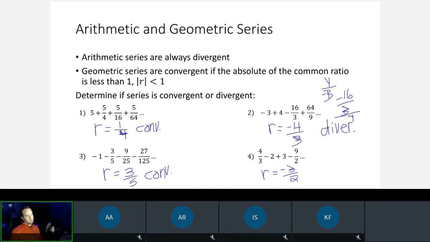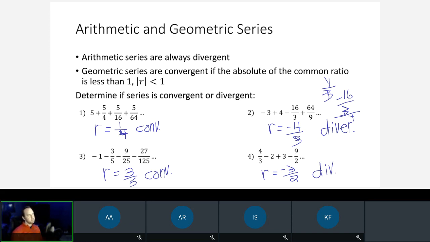Is the absolute value of -3/2 less than 1? It is not. So this one is divergent. The absolute value of -3/2 is 1.5, which is definitely not less than 1.